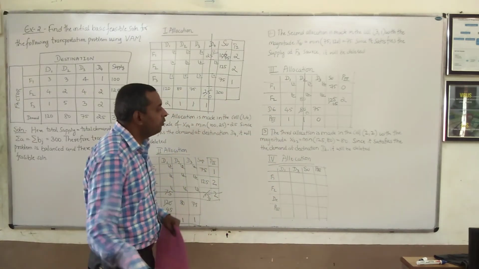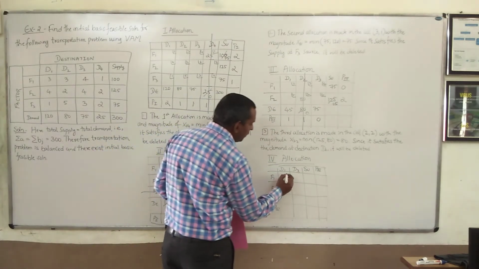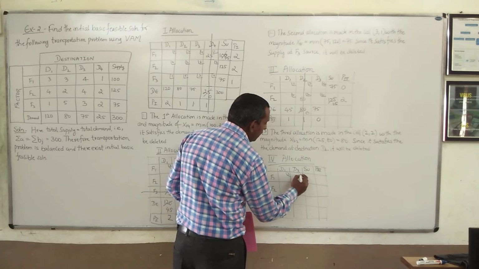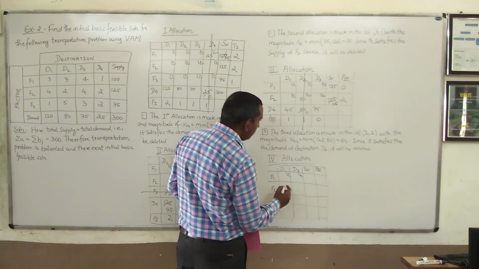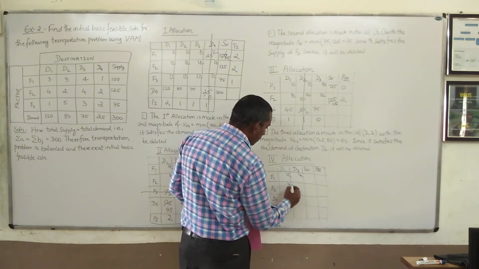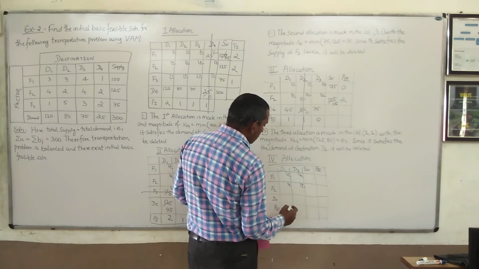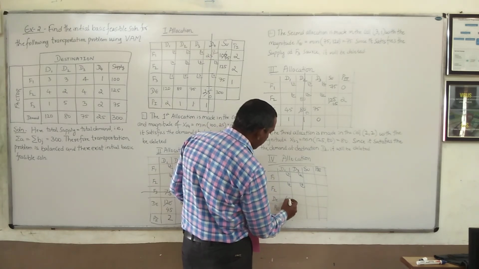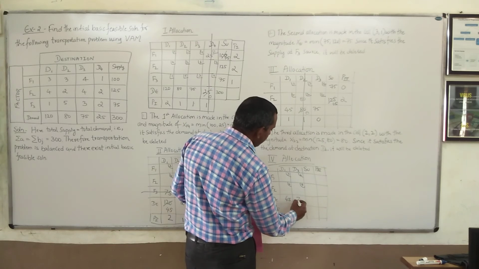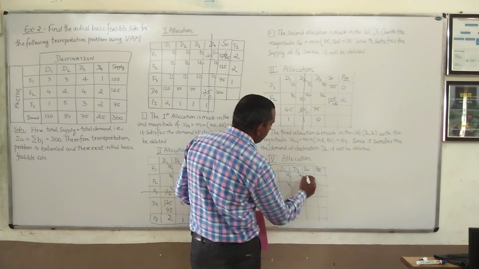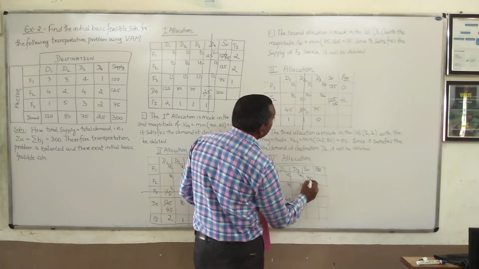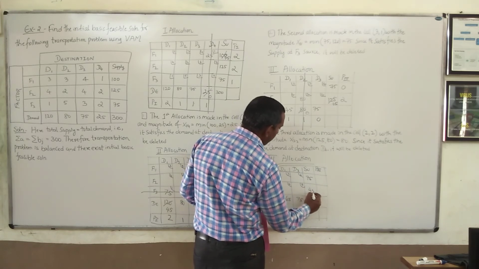D1, D2, D3. So let me write the values 3, 4, it is 4 and 4. Demand is 45 here. Next it is 75 here. Here also we have supply 75 and 45.